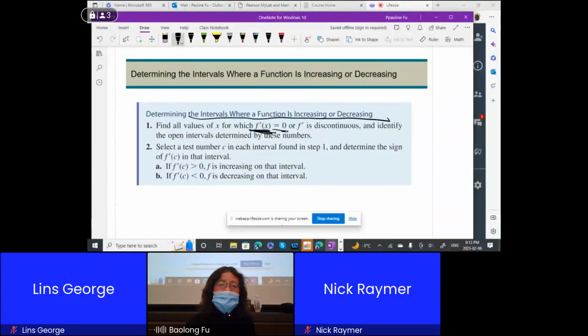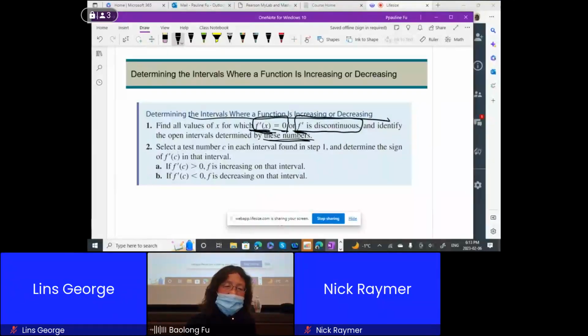Those points, or sometimes if f prime, which means derivative, is discontinuous, we identify those numbers. What numbers? Either derivative equal to 0 or derivative is discontinuous. So identify those numbers.